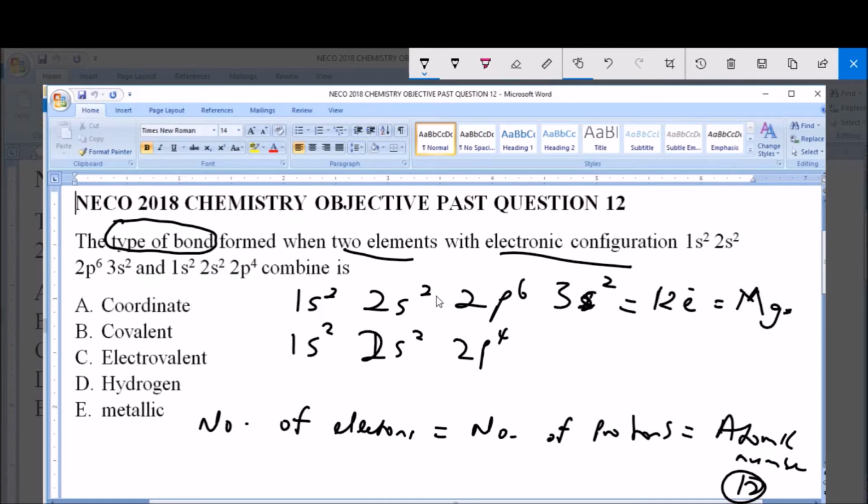Now 1s2, 2s2, 2p4 is a total of 8 electrons, and similarly the number of electrons is equal to the number of protons, which is equal to the atomic number. So the atomic number is 8, and the element with atomic number 8 is oxygen.